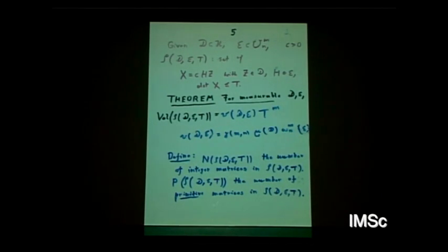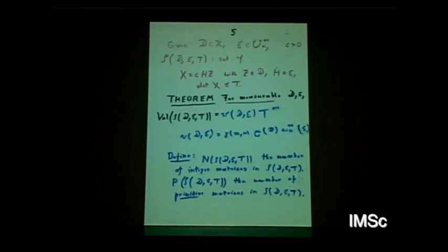Now, that makes sense because it's easily seen that if you take capital T equal to 1, and then replace it by T, that means you have a dilation of your set by the factor T to the exponent 1 over n.